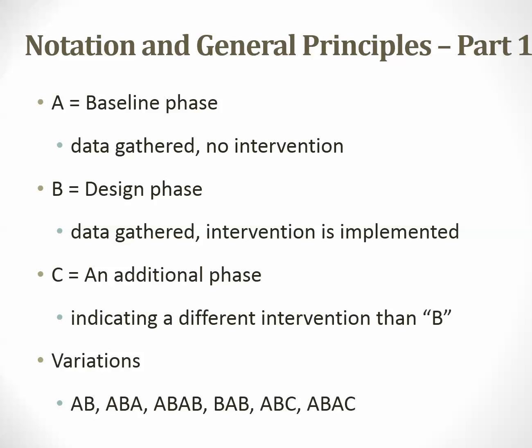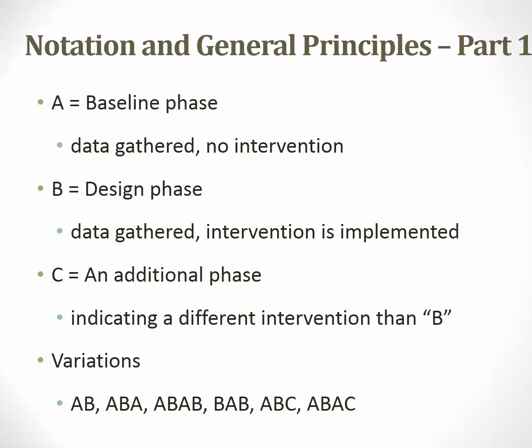But as long as you understand that whenever you see the general principle or the notation A, this pretty much refers to the baseline phase. And so the baseline phase is no intervention, no treatment, nothing is being done with the client but gathering information. And so you're trying to see, how is the client doing? What's the client's status like before I start giving this intervention, before I start providing this medication, or before I start providing this individual therapy.